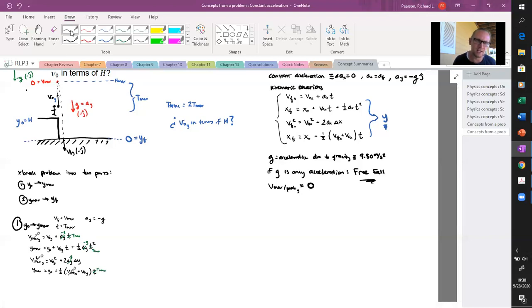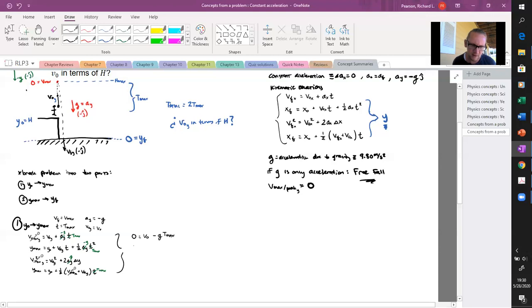And the last thing, our initial velocity in the y is just our v naught. Okay. So let's rewrite all of these. These all will now give us 0 is equal to our v naught minus g t max. That's for the first one.